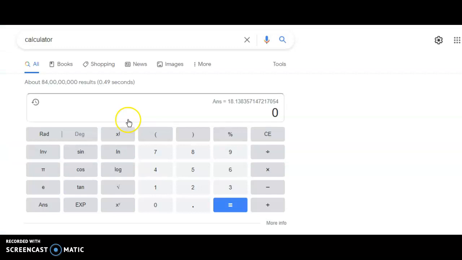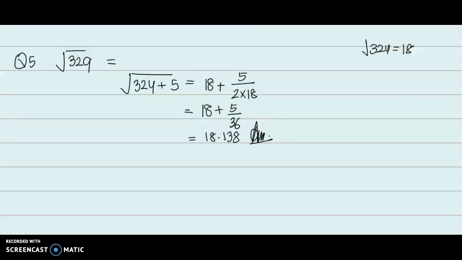So here is our calculator, and I am going to find the square root of 329. Square root of 329 is equal to 18.138 up to 3 decimal places, and you can see we have got the same answer, 18.138.